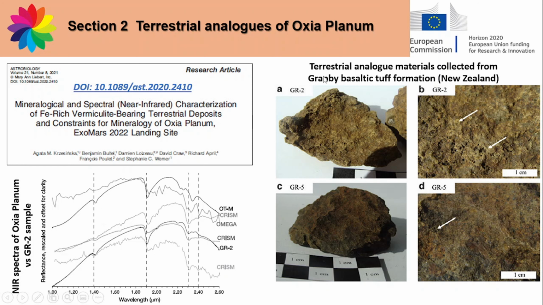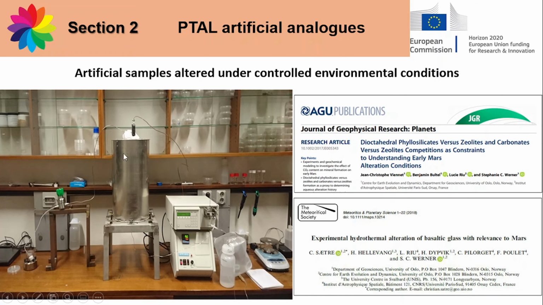So, for example, we have those very interesting samples from Granby, and if you want, you can check this paper that describes those terrestrial analogs and explains why those materials are considered very similar to the phyllosilicate units that have been detected at Oxia Planum.